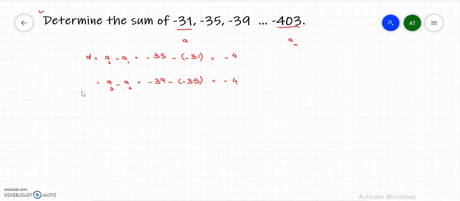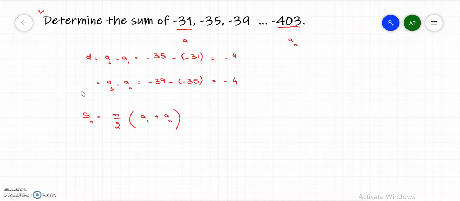So the sequence is an arithmetic sequence. We can find out the sum, that is Sn. Okay, so which formula are we going to use over here, the first or the second? Because we know the A, we know the An and we know the D value. So we have to use the second formula, n divided by 2 into (A1 plus An).